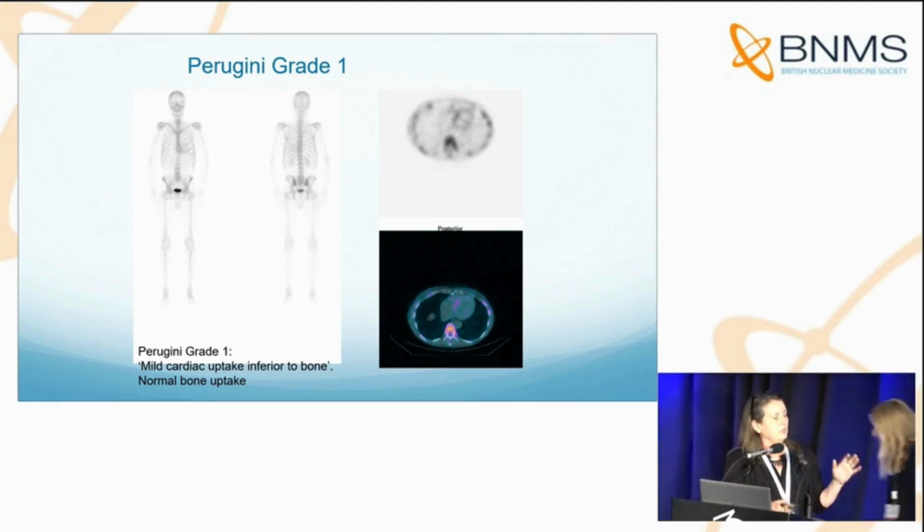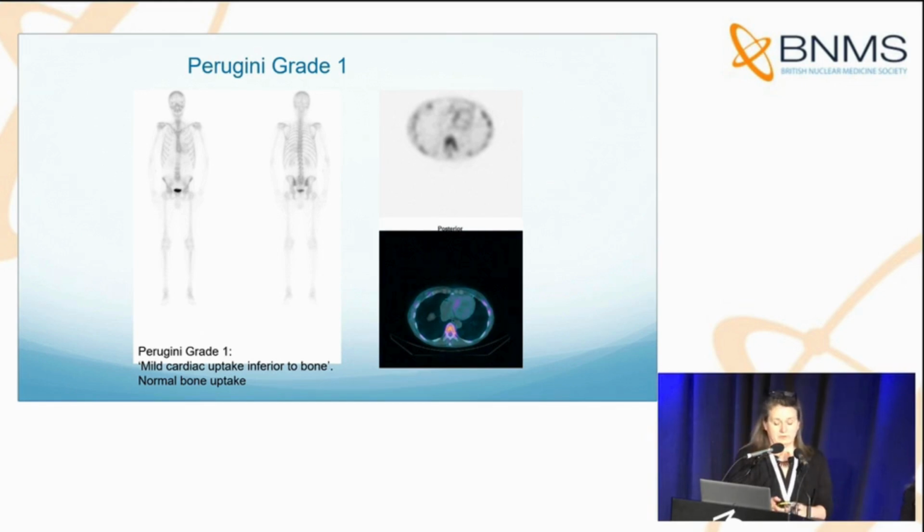So again, if you're seeing a normalish looking bone scan on your DPD, please do the SPECT CT. The differential of this, and we've got some cases to show that, is basically blood pool uptake, and that can look very, very similar to a grade 1 scan on the whole body.